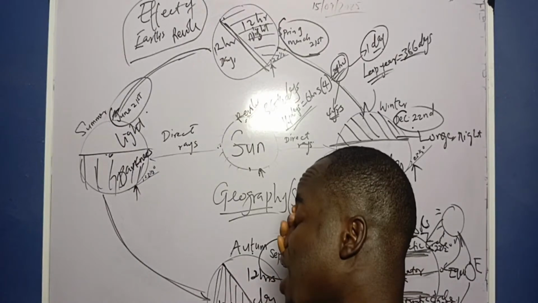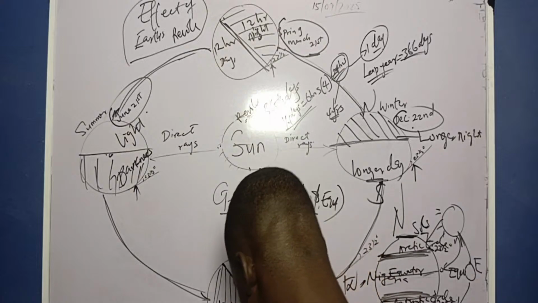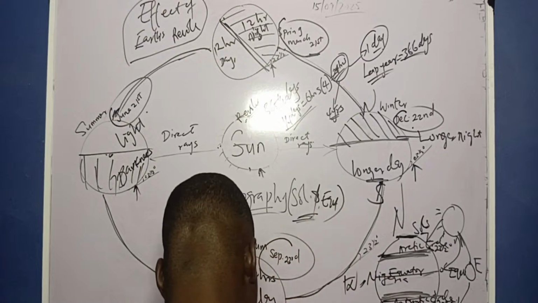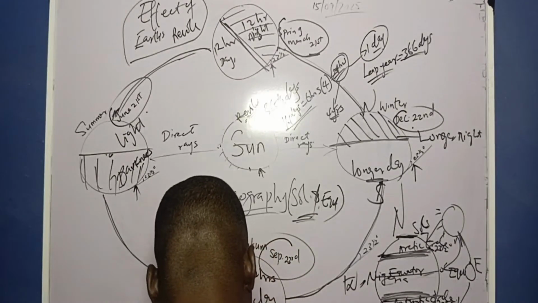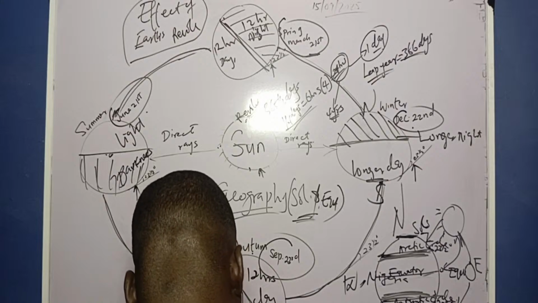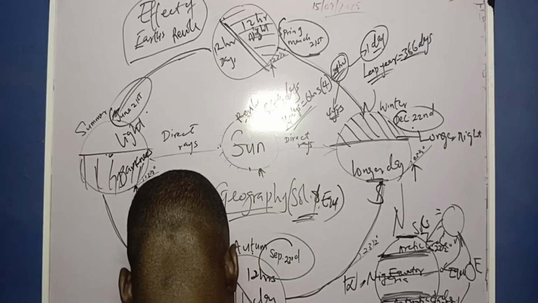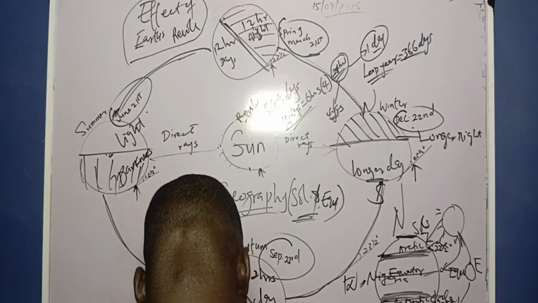So that is what they have in their region. That is it, by the way, for the thing we have to explain as regards this aspect of our lecture today.